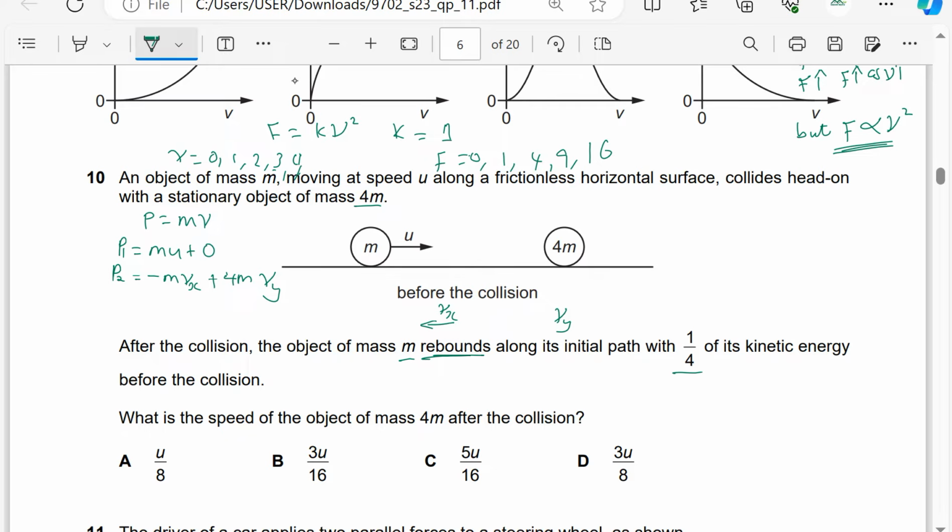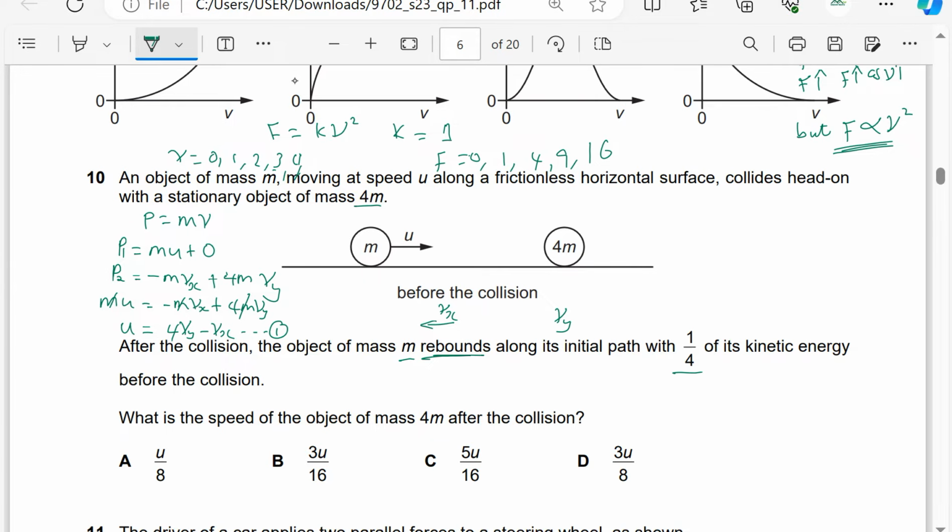By conservation of momentum, total momentum before collision should be equal to total momentum after collision. So I will have that mu is equal to minus mVx plus 4mVy. So m cancels out, and u is going to be 4Vy minus Vx. That is one equation.